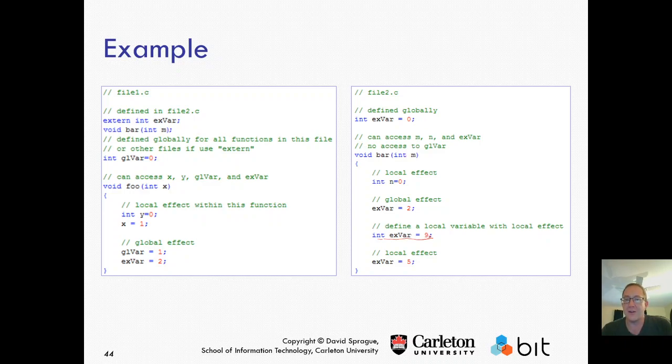When I call exvar here though, like int exvar equals 9, and then I set exvar to 5, which one am I talking about? I'm talking about the local variable. Local variable first, then global, then external. That's how you view things. You start the most local and then you build out from there.